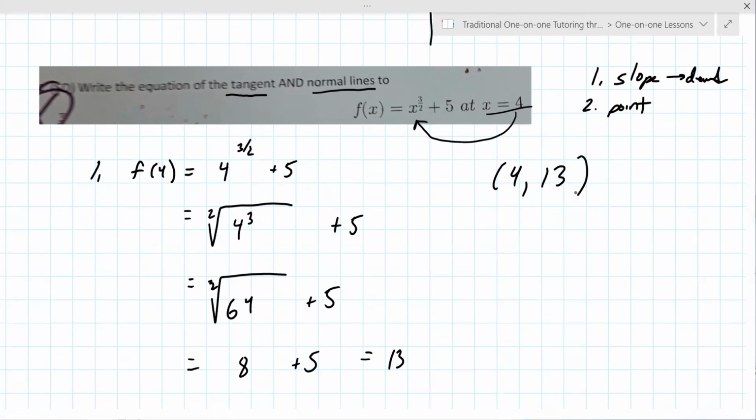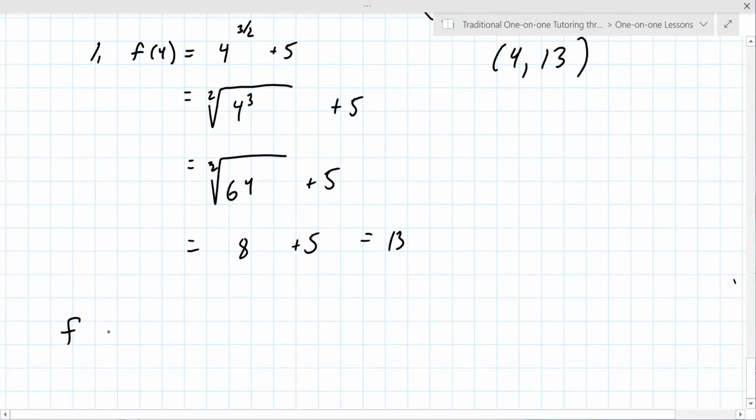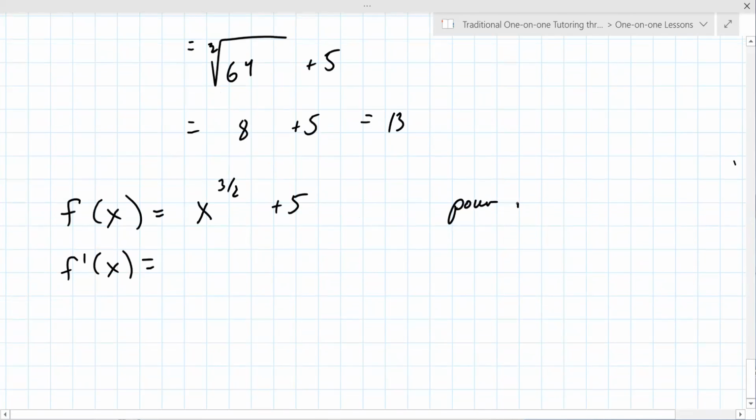Slope comes from the derivative. You're in calculus, you should know, okay, I've got to take a derivative. So if f of x is x to the 3/2 plus 5, what is f prime of x? This is a power rule derivative. This exponent comes out in front, and then you subtract 1 from the exponent.